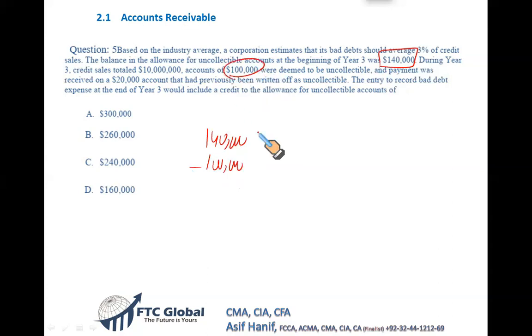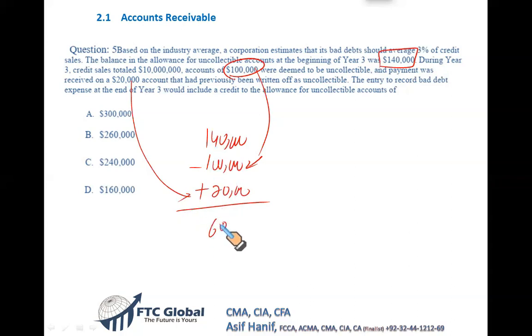And when a customer who was written off pays you back, the amount collected is credited to the allowance. Please remember, a write-off is charged against the allowance. So the new balance in allowance is going to be 40, 20, 60. This is the balance in your allowance.